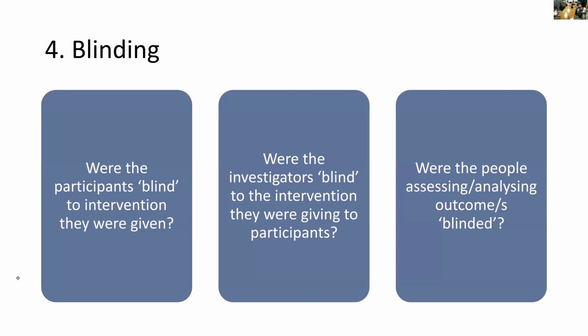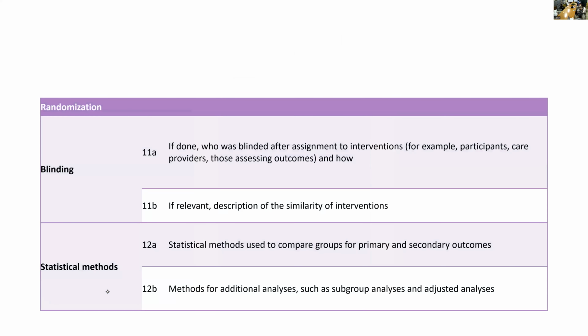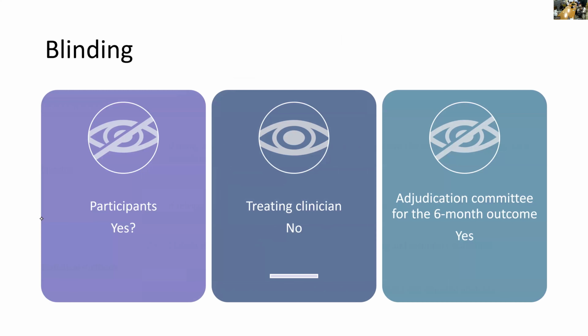The next question is about blinding, and whether the participants, the investigators, and the outcome assessors were blinded. Blinding and statistical methods are the questions in the CONSORT checklist which I'll address. Participants were blinded, is what the authors say.